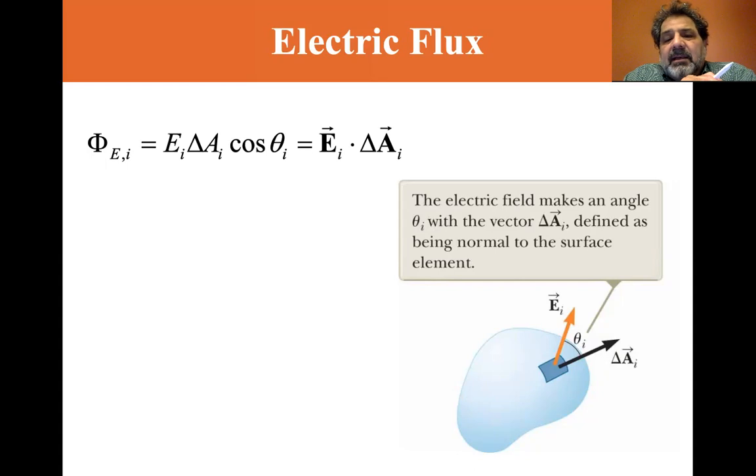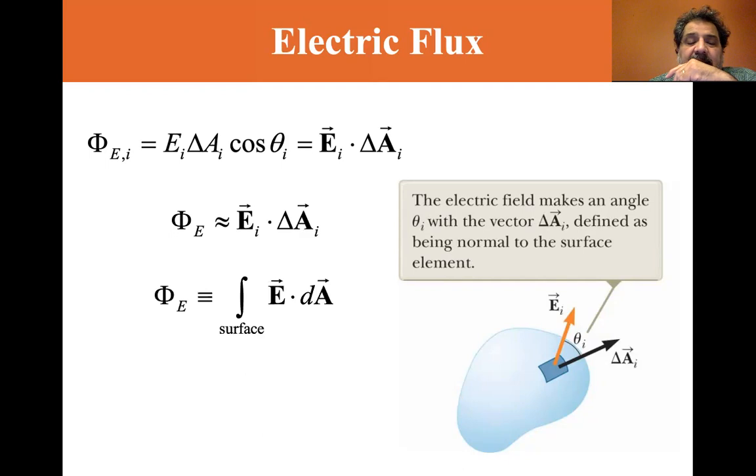So it's E I dot delta A I, and of course from the dot product, well, let me not jump the gun. So phi E, the electric flux, is approximately equal to E I dotted with delta A I. And so in order to get the entire electric flux, you take the surface integral of E dot dA.